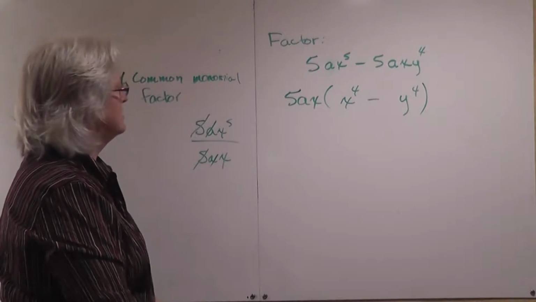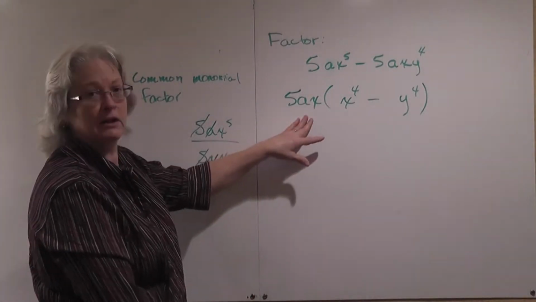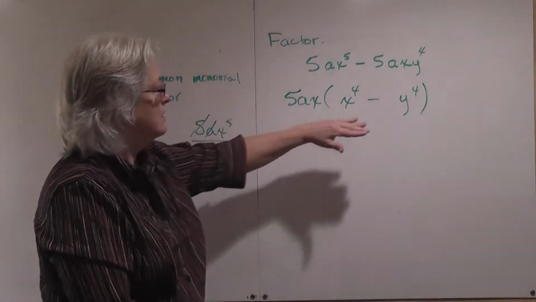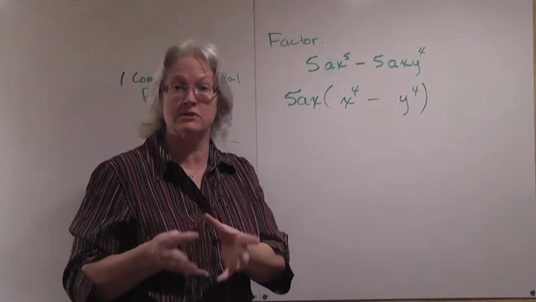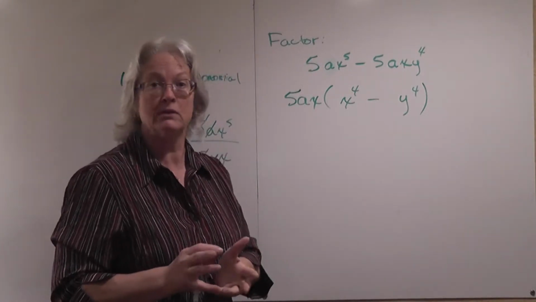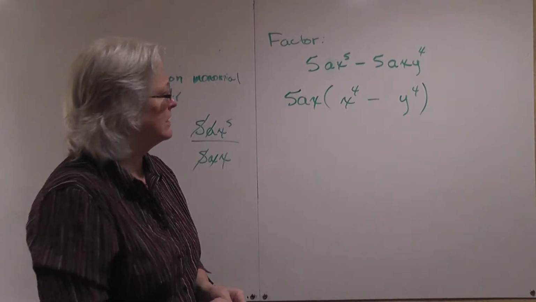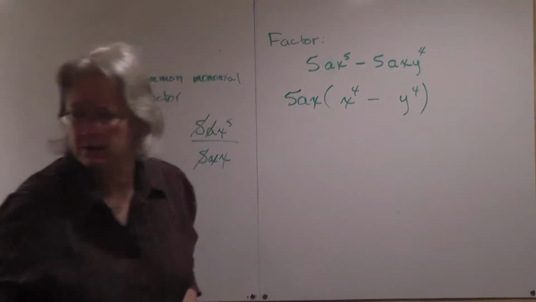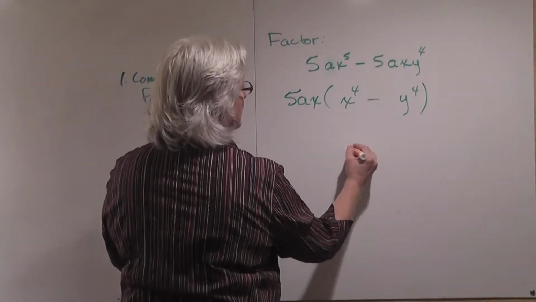Okay, now we look at this and we think, nothing that I can do here. This sort of looks like the difference of two squares, one of our first special cases that we considered as we began this chapter, but you've been used to thinking of maybe something that looked like x squared minus y squared.